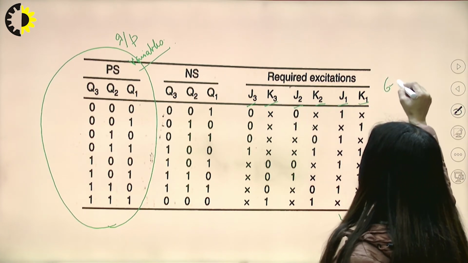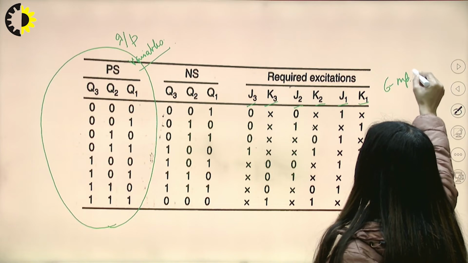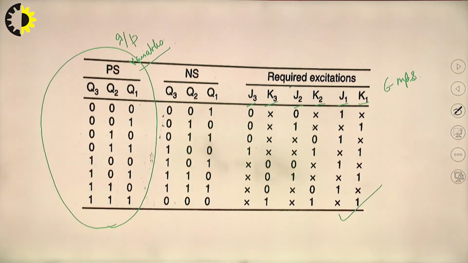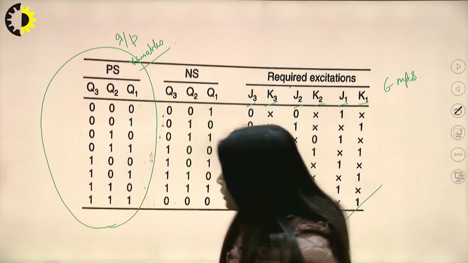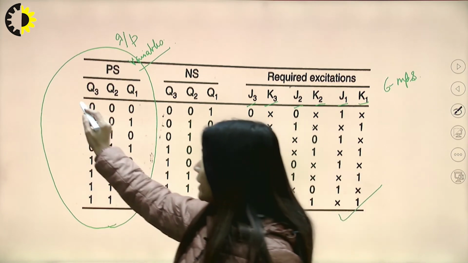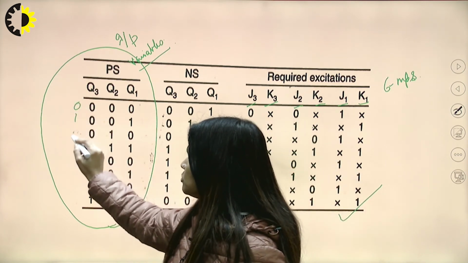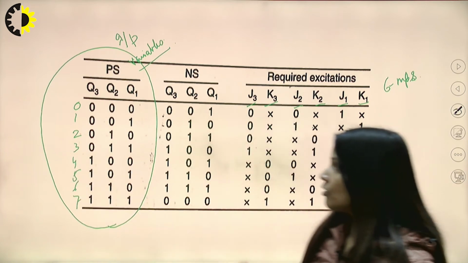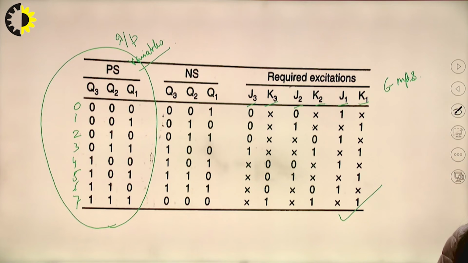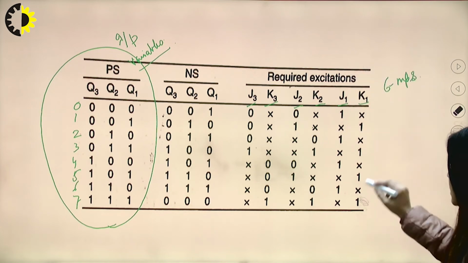So we need to make 6 K maps in this case. Okay. So let us start with J3, right? Before going to the J3 truth table, we will write the sequences 0, 1, 2, 3, 4, 5, 6, 7. All right. So we can directly fill the K map, and we will just draw one K map for example.